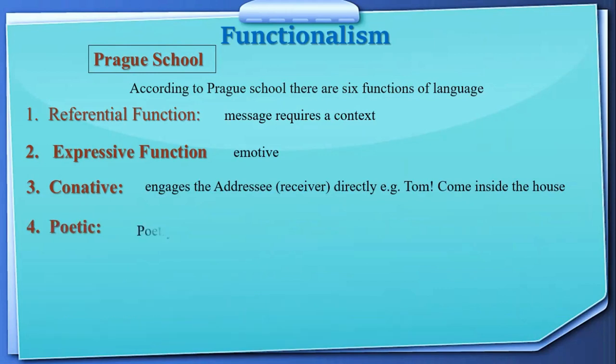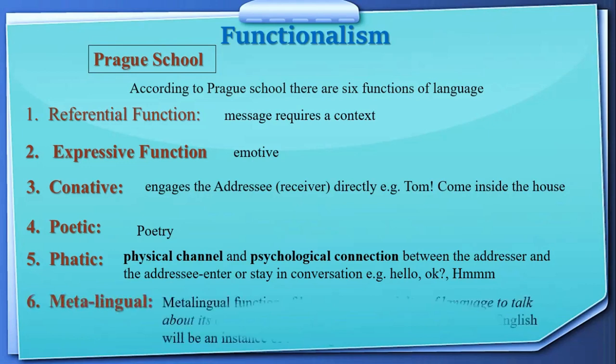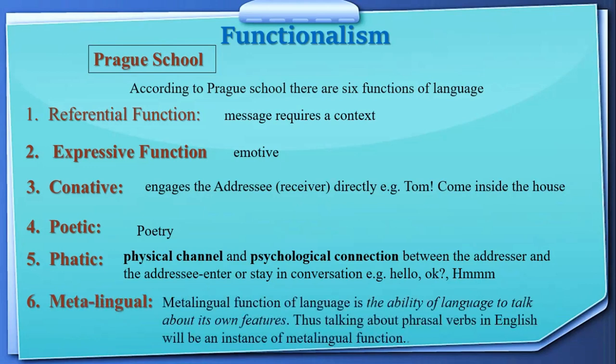Number four, poetic: we express our thoughts or feelings through poetry. And number five is phatic. Phatic is the physical channel and psychological connection between the addresser and the addressee, to enter or stay in a conversation. "Hello," "Okay." These are expressions we use through language or through physical expressions. Number six is metalingual. The metalingual function is the ability of language to talk about its own features.